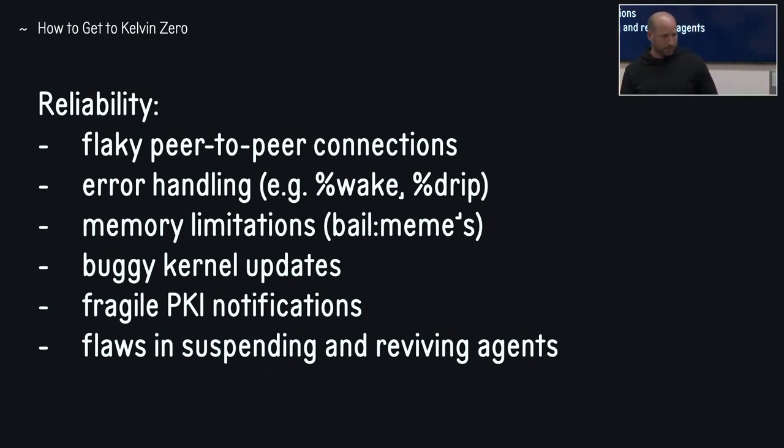Here's a big one, buggy kernel updates. I know this has been a big problem for a lot of people. Yeah, I apologize about that. That's just something we have to do better on. Our current best idea is that before we push out anything, we make sure that all the new code gets exercised in as close to a production environment as possible, ideally as many of them as possible.